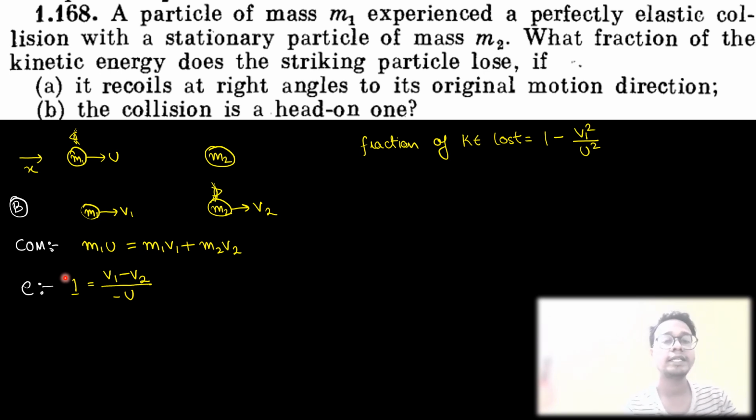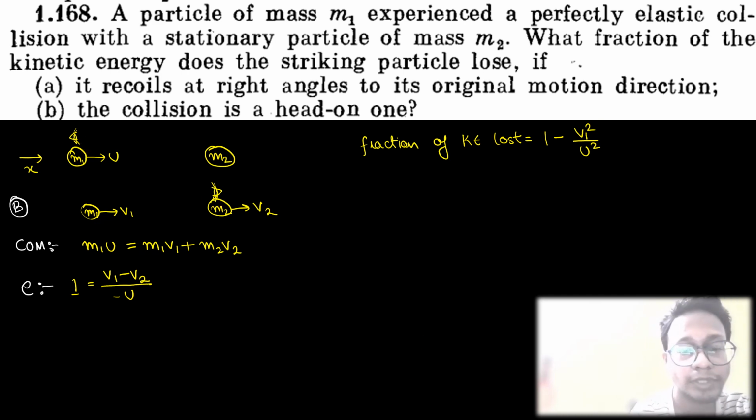It doesn't matter where you keep. For coefficient of restitution, whenever you are using velocity of separation divided by velocity of approach, if you are putting the observer for velocity of separation out here, put the observer for velocity of approach on the different body. That means the observer for velocity of separation and the observer for velocity of approach should be on different bodies.